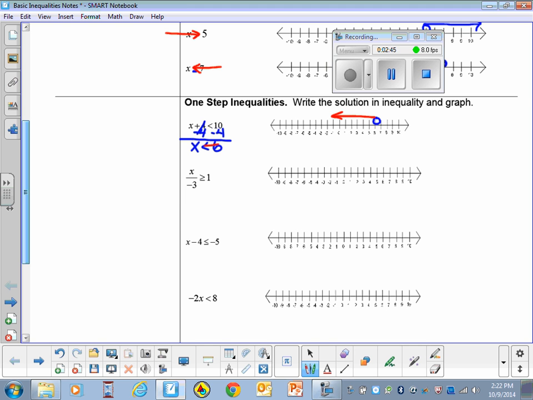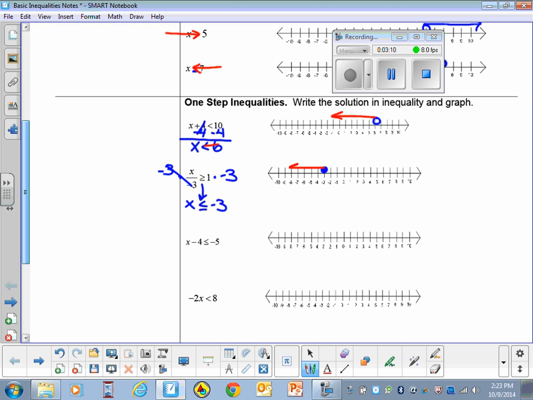There we go. For the next one, I need to multiply both sides by -3. And when you multiply or divide by a negative number, you have to flip the sign. So I have X is less than or equal to -3. It's going to be a closed dot because of the or equal to part.